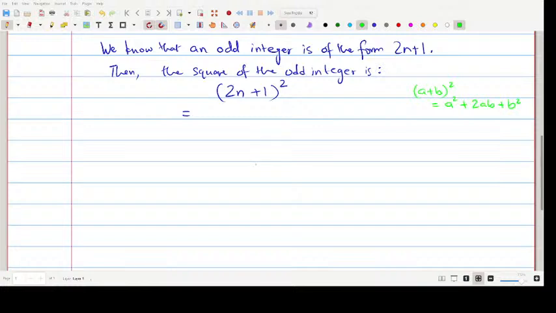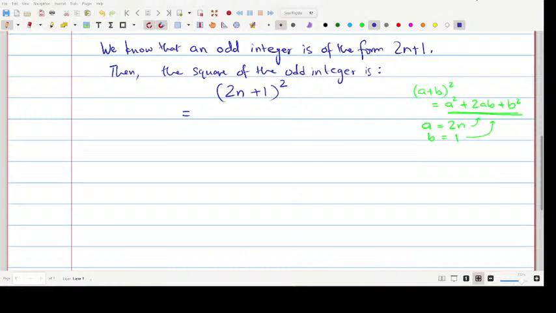Also, by matching, by observation, you can see that a is nothing but 2n in this particular binomial expansion, and b is the same as 1. So in this expansion, a squared plus 2ab plus b squared, if we substitute a equal to 2n and b equal to 1, we will be getting the expansion of (2n plus 1) whole squared.